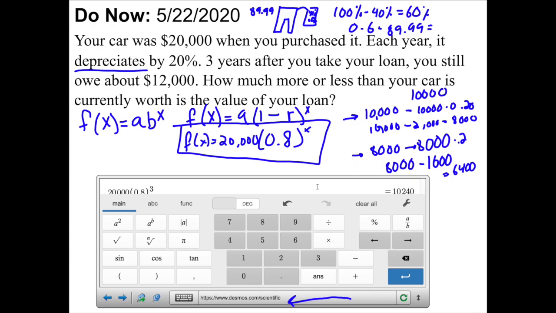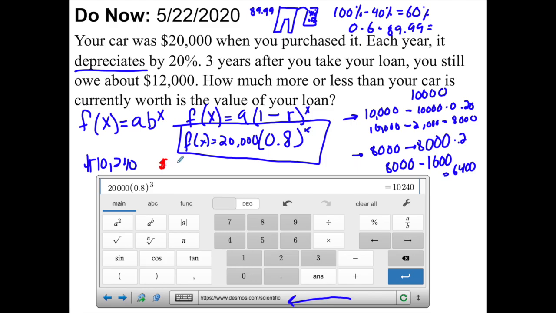And oh, there we go. So we get $10,240 as our final answer.